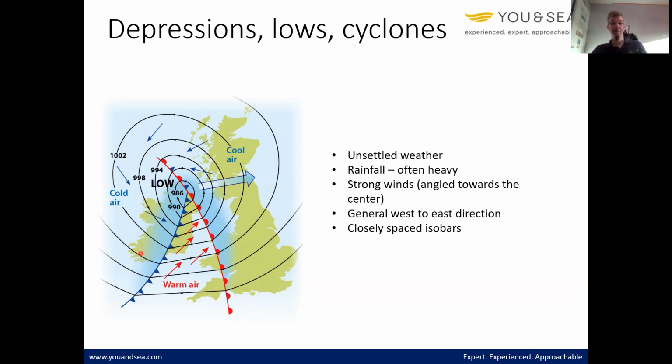As always, a west to east direction, tightly packed isobars, strong wind, a vortex into the center of the low pressure. And as it says in the second bullet point, it does bring a vast amount of rain. That rain across the passage of a low pressure changes from very light drizzle to gradually heavier, more persistent rain.